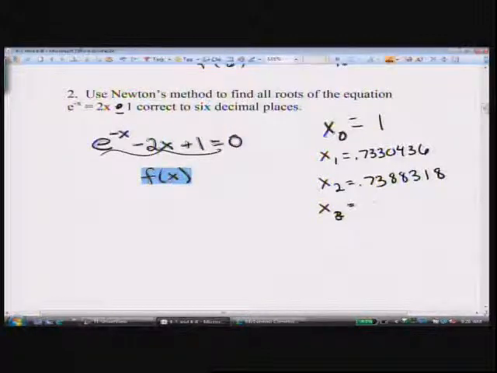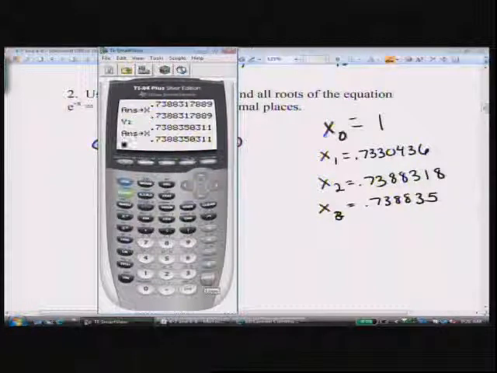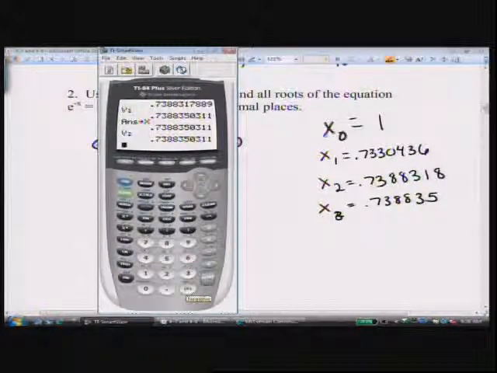So this is the third one, 0.73885. So I'll store this in x, and then I will call y2 and have it evaluate there. And now I am close enough, very close. And look how close I am. That's pretty interesting, huh?